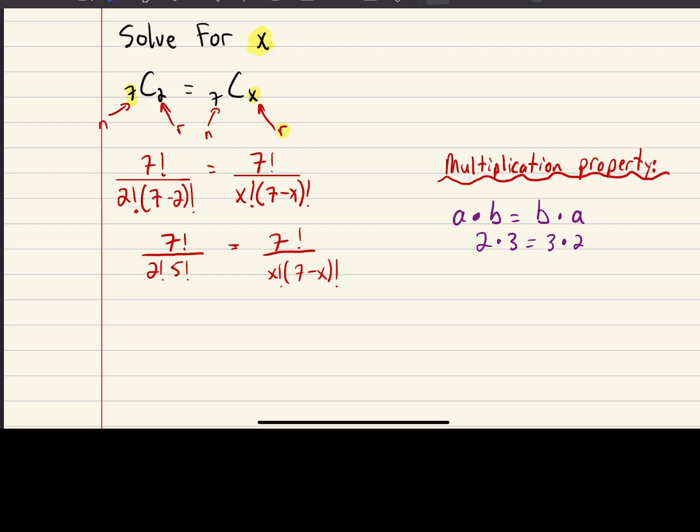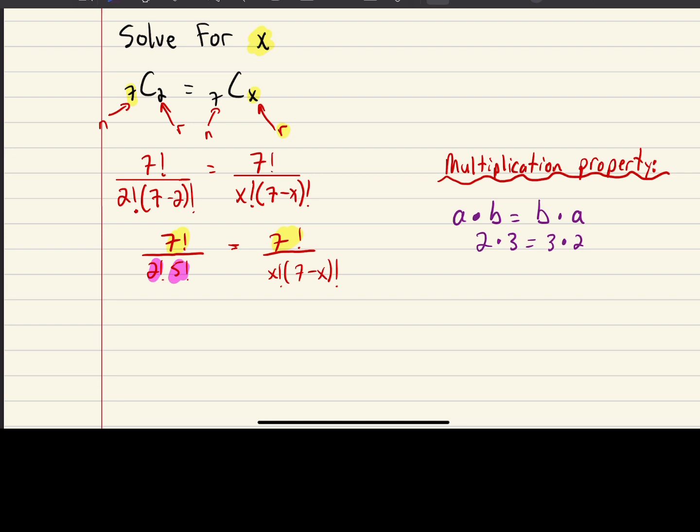What I mean by that is 2 times 3 is the same thing as 3 times 2. And so when we look here, the left side has to equal the right side, well, 7 factorial is present in both of them. Now here, 2 factorial times 5 factorial would be the same as 5 factorial multiplied by 2 factorial.